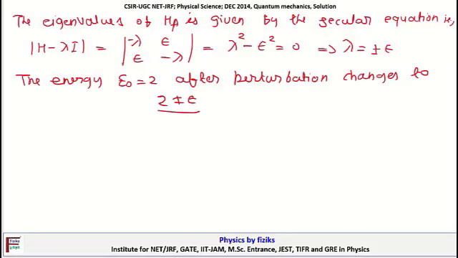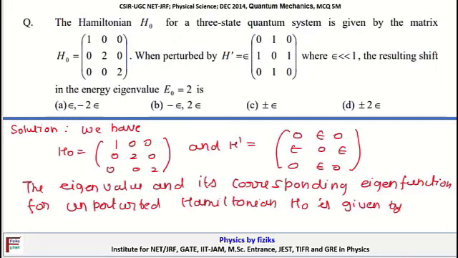So degenerate perturbation removes degeneracy in the energy eigenstate. So our answer is C for this problem.